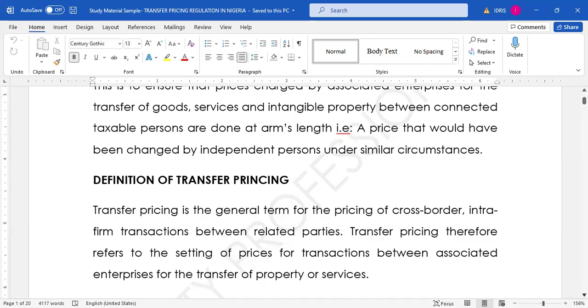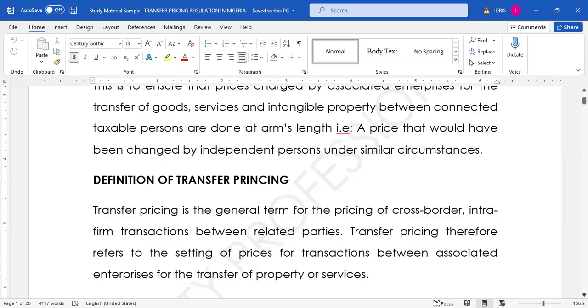When A wants to sell goods to B, assuming the goods are worth 100,000, in order to practice tax evasion or tax avoidance, A may sell the goods at 500,000. FRS will now determine how much is the fair price in the market, how much they are selling this kind of good for. If any other company wanted to sell it to B, how much would that company sell it for?